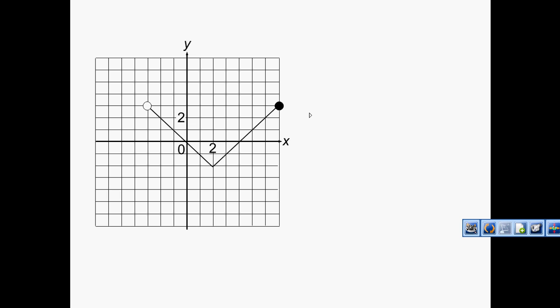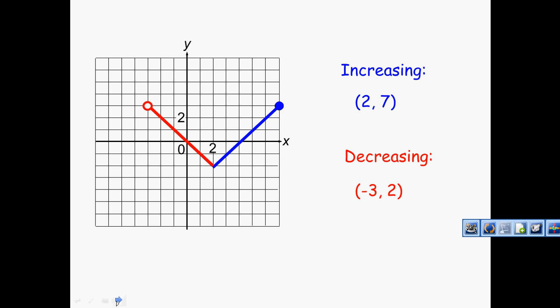Those of you that look at this and thought, okay, I'm going to use brackets, be careful. I can see I'm starting at 2 now. So if I look at my increasing and decreasing, I know that I'm increasing from that point to that point, which would be 2 to 7. Why is it parentheses? Because it's always parentheses when we're talking about increasing and decreasing. If I'm looking at decreasing, I'm going to have from that point to that point, which is going to be negative 3 to 2. So make sure you understand that and know the difference.